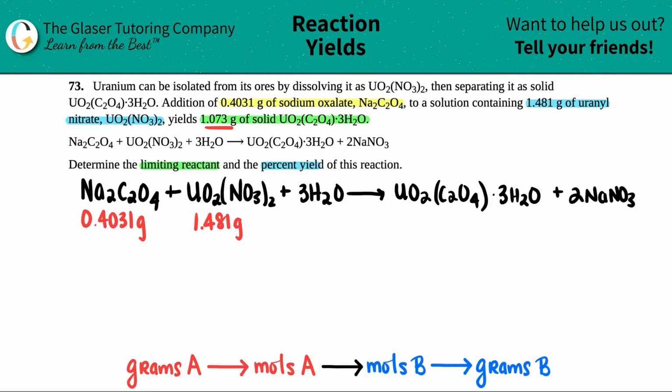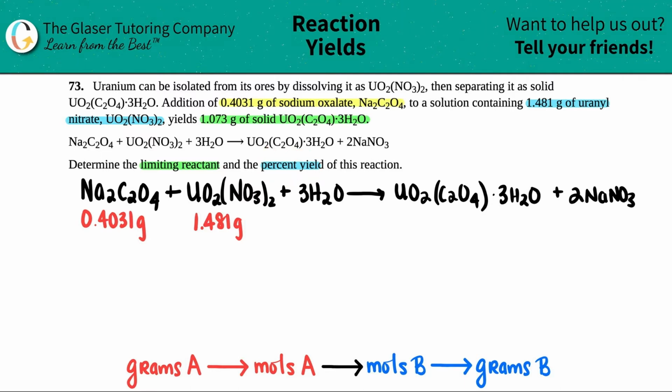Did you see how I added the word actual, right? When whoever did this experiment added these two amounts together, it actually yielded 1.073 grams. So this amount is our actual yield.